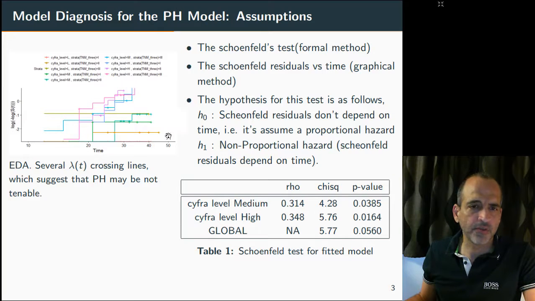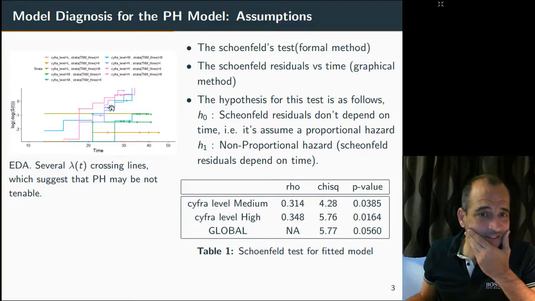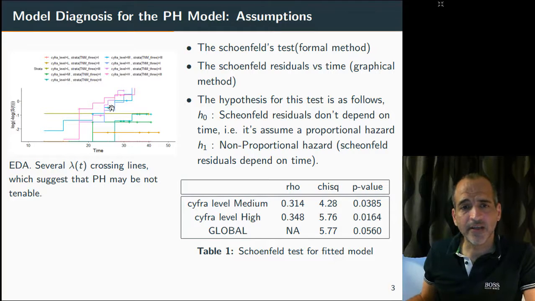First, we have an exploratory data analysis, and we can see a log minus log survival time plot. Still we have some messiness in the plot, but we can see like three trends. One is diagonal, and the other is more flat.